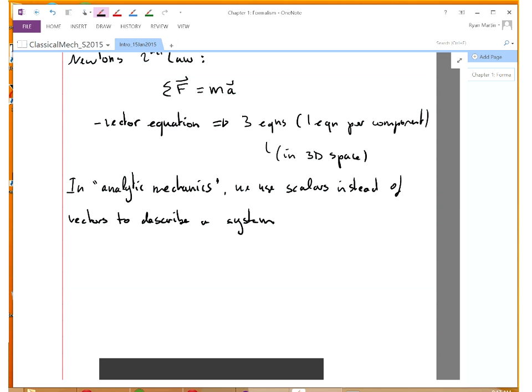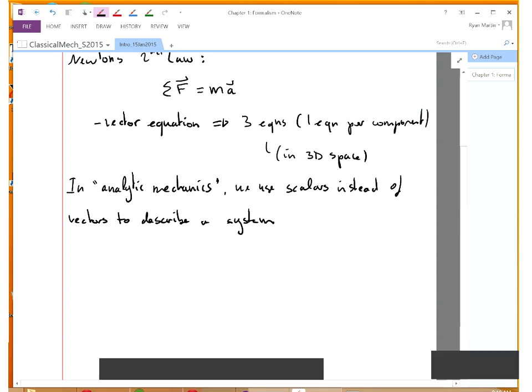But mathematically, it's prettier and easier to write down. It also has some advantages. For example, it can be very awkward to write down vectors in spherical coordinates, or to describe the motion of a system along the surface of, say, a sphere. Analytic mechanics will just make that easy to do.